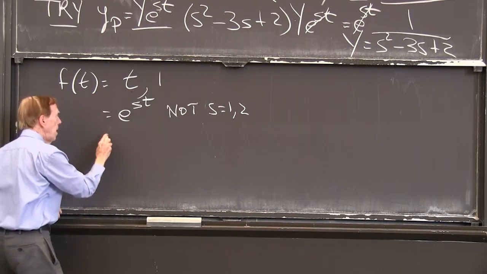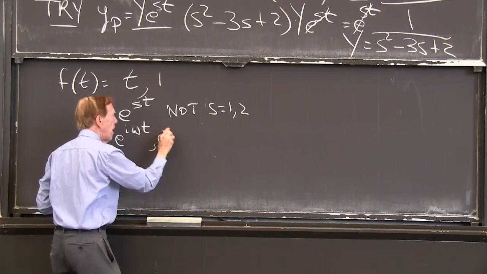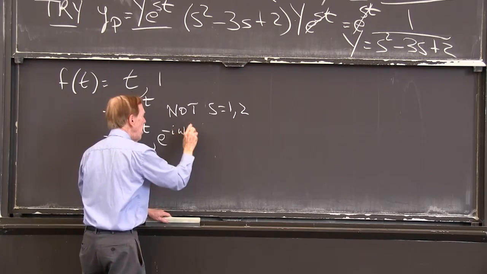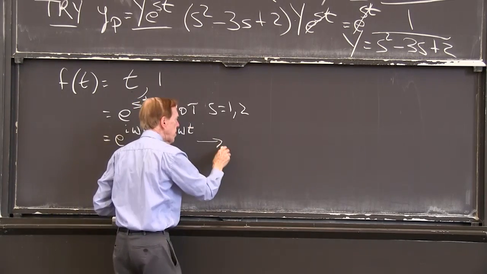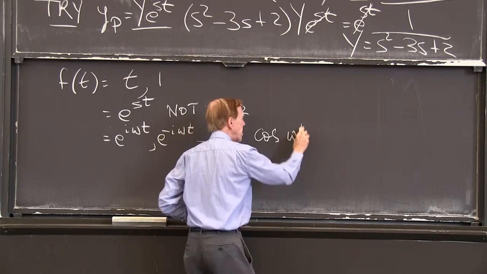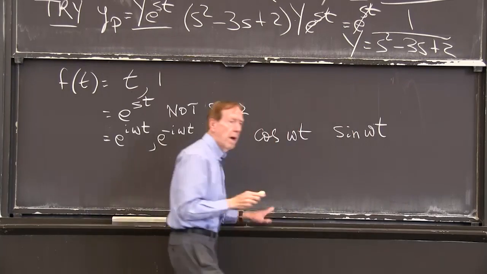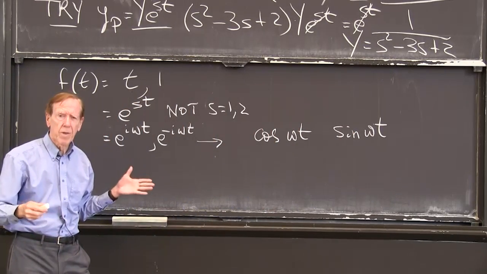They could be e to the I omega t and e to the minus I omega t, which leads me directly to cosine of omega t and sine of omega t. I'm creating here a list of the nice functions.